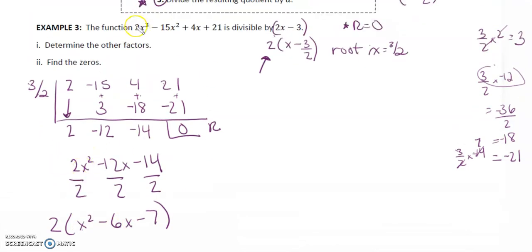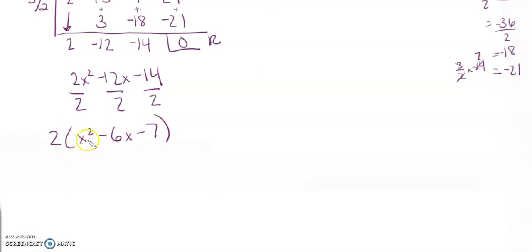And the question asks, determine the other factors. Well, no biggie. We know x squared minus 6x minus 7 is just a trinomial. Back to grade 10. What two numbers multiply to negative 7 and add to negative 6?